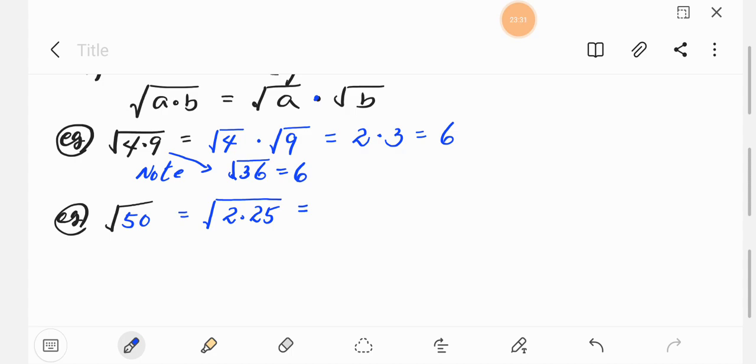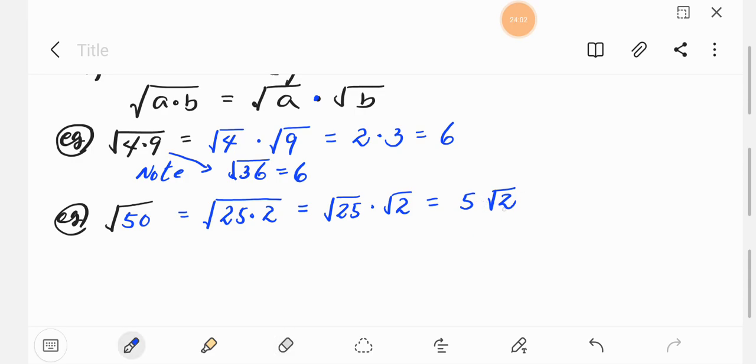So let me write 25 first, because it doesn't matter. 25 times 2. Then we can separate 25 and 2, right? And 25 is a perfect square, so the result will be 5. So that is 5 times square root of 2. And how about square root of 2?